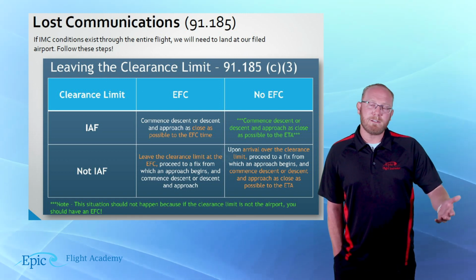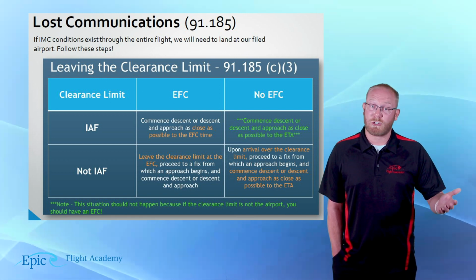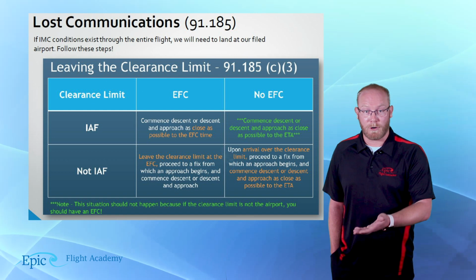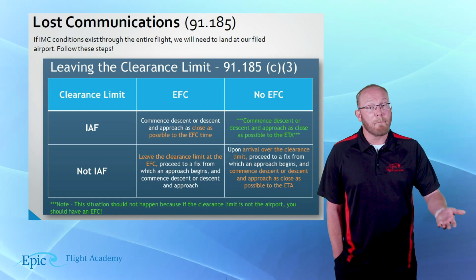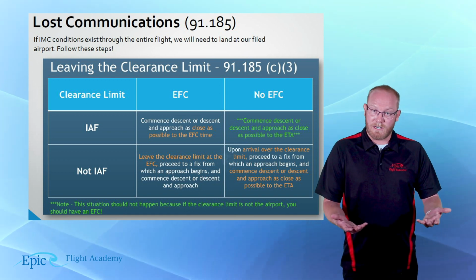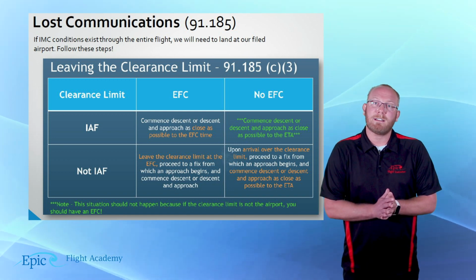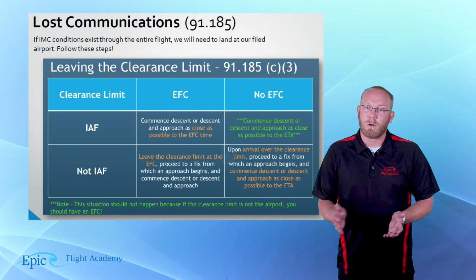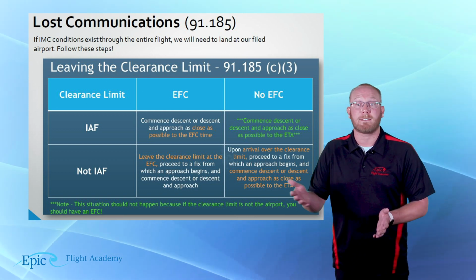Now, your clearance limit is usually going to be an initial approach fix for an approach, or sometimes it may not be an initial approach fix. And that's okay. If it is an initial approach fix, you will then look and see if you have an EFC, or an expect further clearance time.